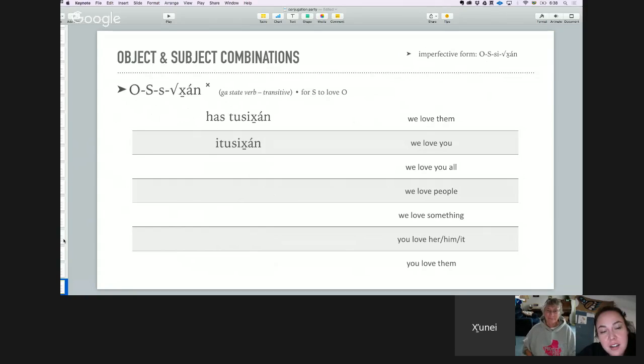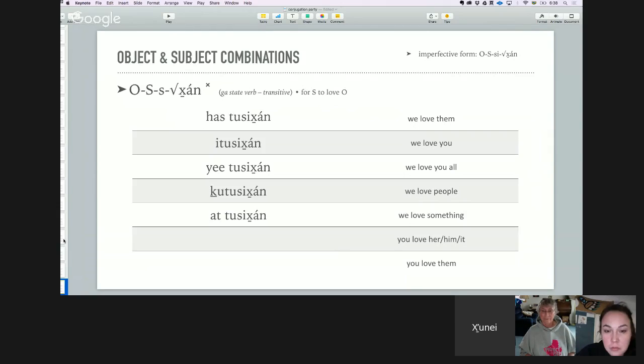Okay. We love y'all. Yitusachan. We love people. Kutusachan. We love something. Atusachan. Okay. Jumping over so we'll get a different pattern.